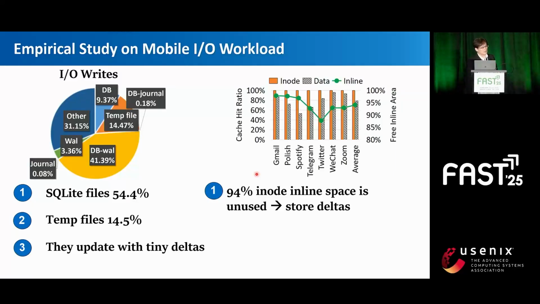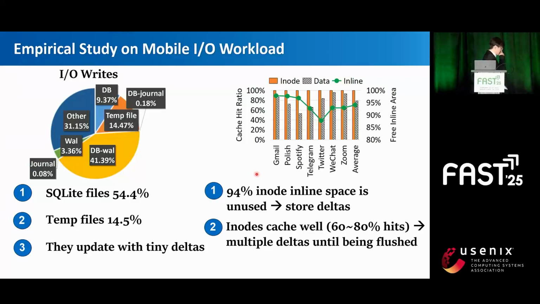To our surprise, more than 90% of the inline area is unused. That means the file only has 1 or 2 pointers to data blocks. And then we also found that inodes in the page cache hit really well. That means we can append multiple small deltas to the inline area before the inode is actually flushed to storage.